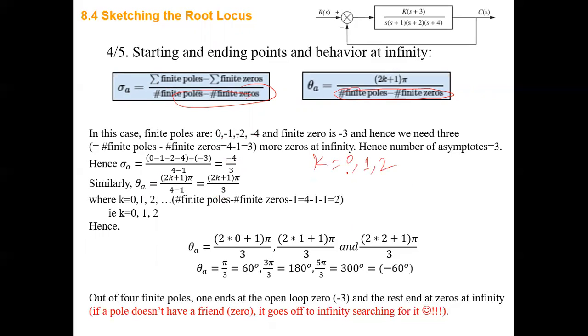Let's plug in k equals 0, k equals 1, and k equals 2. What are they? This is 60, this is 180, and this is negative 60, which is 300.